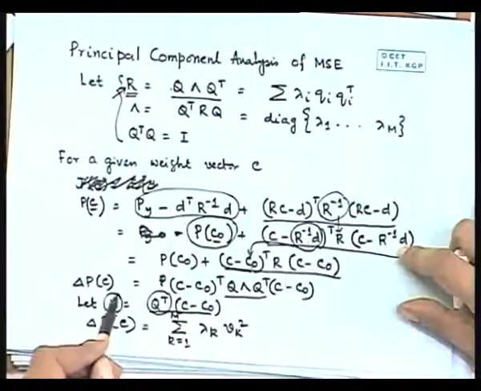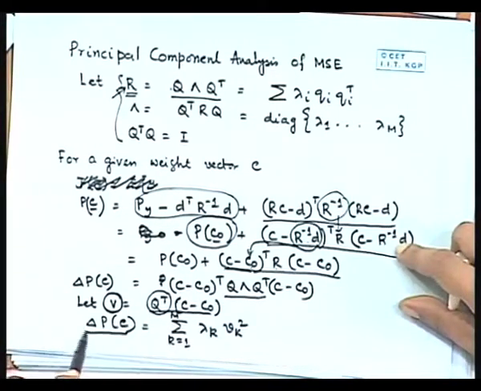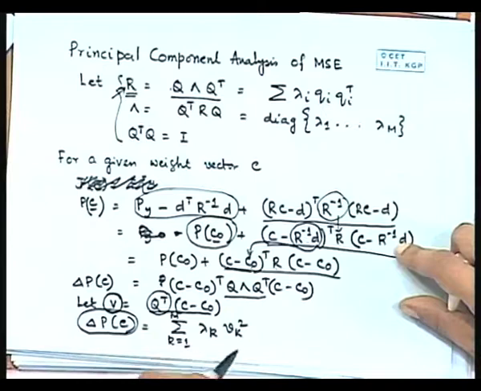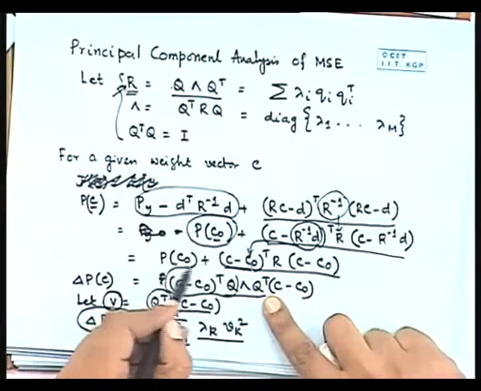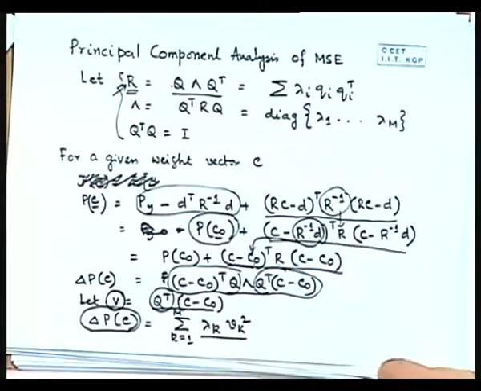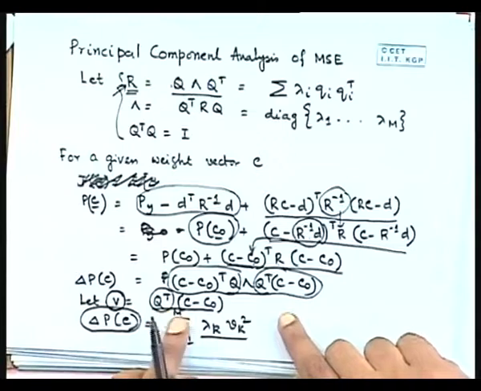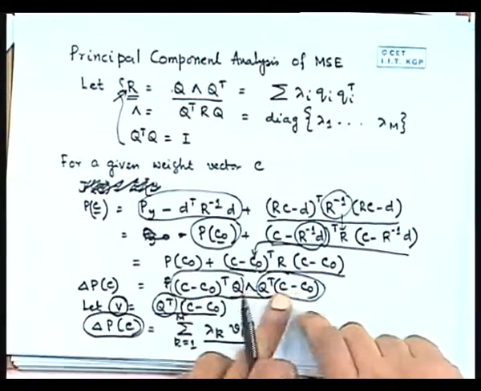So if I express V in terms of eigenvector coordinates, then my error is expressed like this: this will be V transpose and this will be V.